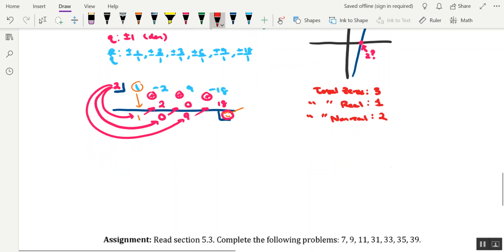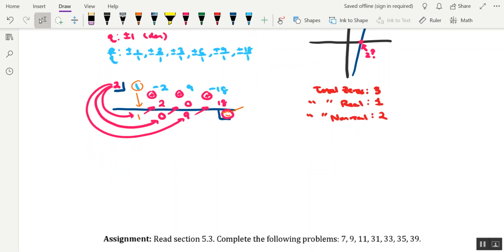So we're going to have to continue on and figure out just exactly what those other 2 non-real zeros are going to be. And to do that, we're going to factor the function f of x using the results of our synthetic division. So this 2 that's right here, using the formula x minus r, will produce the factor x minus 2, and then these numbers underneath the equal bar in synthetic division give us the coefficients of the quotient polynomial.